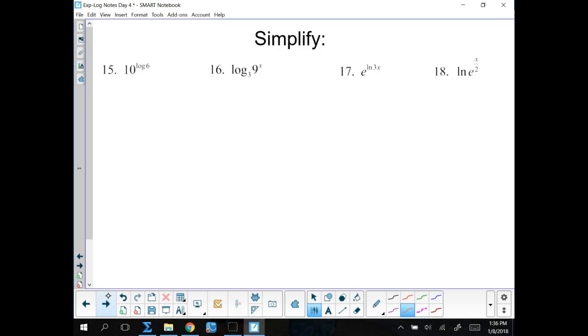So, let's simplify some more equations. Again, I would set it equal to something, and then that something is going to be what my answer is. Now, my question to you is, in this first one, number 15, which form am I in? Exponential or logarithmic?